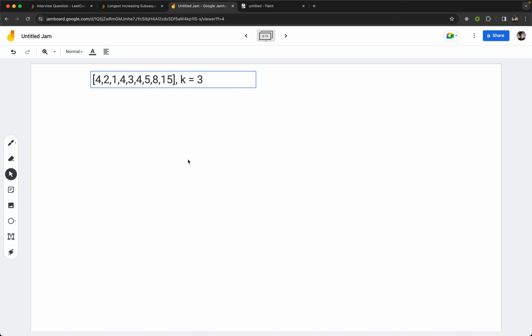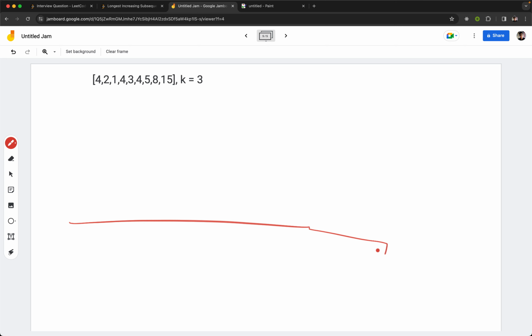Now for this we would be maintaining a segment tree of the values of the array. What I mean by that is, let's consider a segment tree which is represented by an array, which would be, let's just index it.